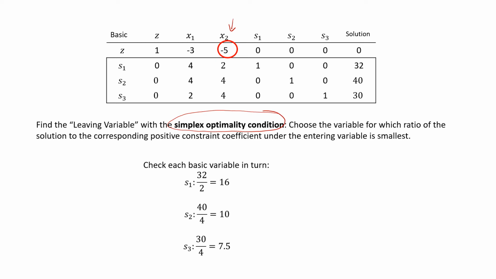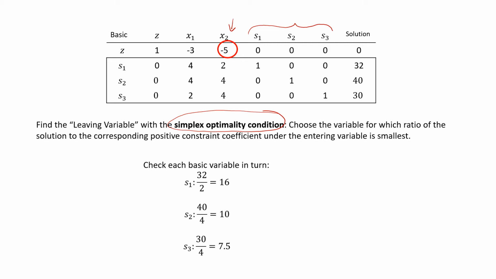We have three candidates, S1, S2, and S3. It could be any one of them, but here's how we choose. Choose the variable for which the ratio of the solution to the corresponding positive constraint coefficient under the entering variable is smallest.